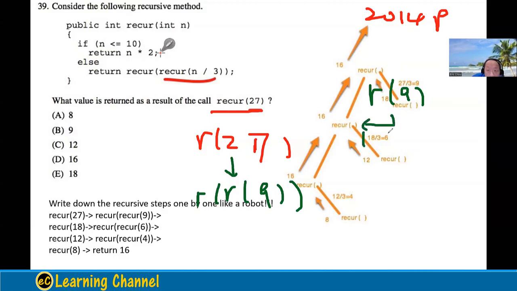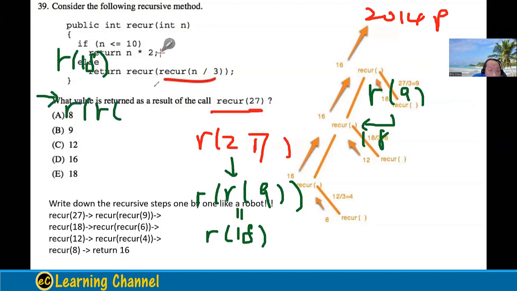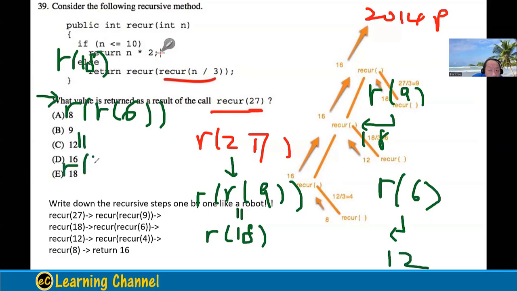So this one returns 18. So this one becomes recursion of 18. So recursion of 18 becoming recursion of 6. So recursion of 6 becoming recursion of 12. So this will become recursion of 12.